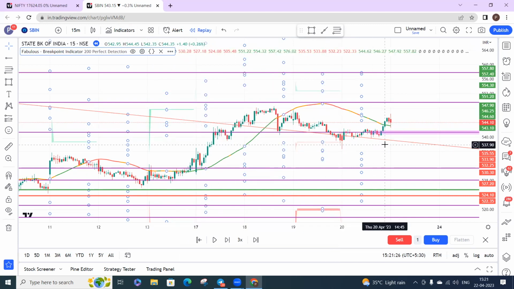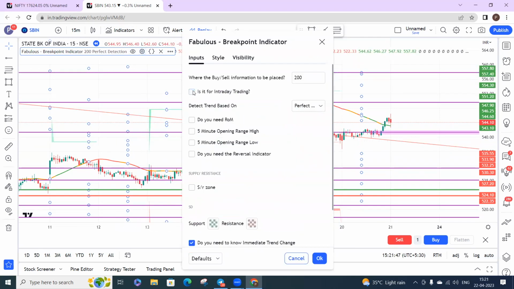Okay. If you really need to see where the institutional players are sitting, see here, it is sitting around this particular area, getting the support. Okay. It's all about how you trade. But when you don't need these institutional players and everything, just remove this and you can straight away look out for the trade.